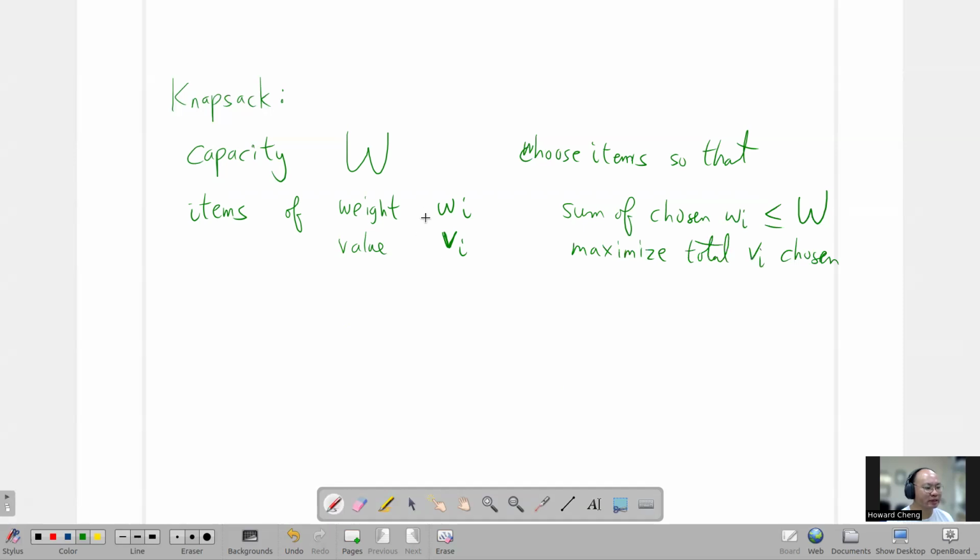Now, there are many different variations of this problem. This is sort of the basic knapsack. It's sometimes called 0-1 knapsack. Why? Because each item is only used one time. Either you choose it or you don't.